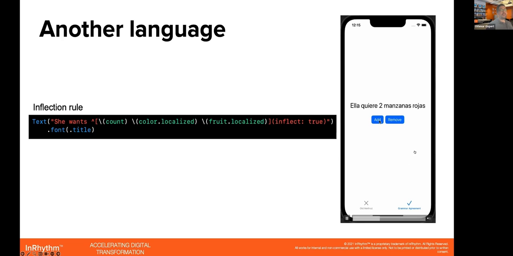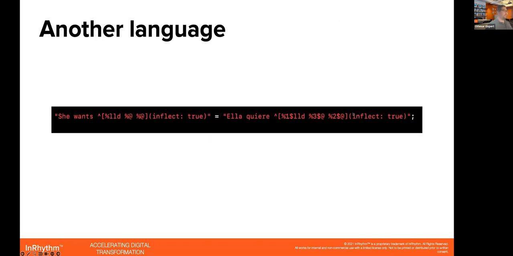There you go. The other difference is that in Spanish, you will have to pluralize the two words, not only apple, you will have to pluralize also the adjective. So as you can see here, the line is exactly the same, but what's happening under the hood? We have the localizable strings file, and there you will have the localizable string for the whole string.